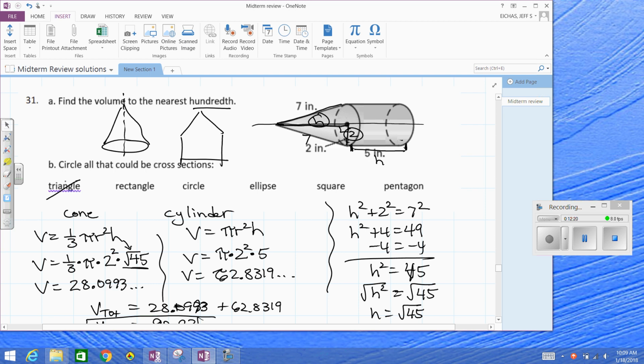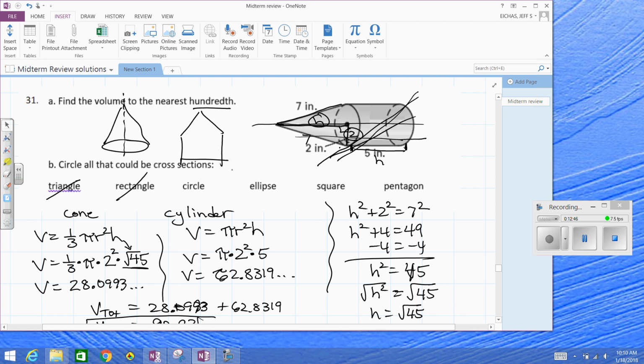A rectangle, again, I don't see any way to do that. Yeah, no, if we cut through that way, I don't know if we cut through diagonally this way, if that's going to possibly do it. I'm just not seeing it. Yeah, I'm not seeing any rectangles.